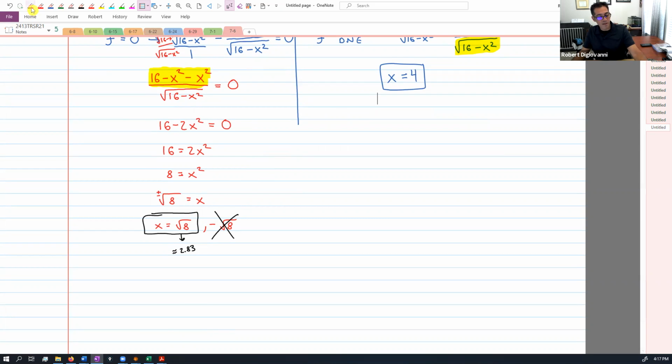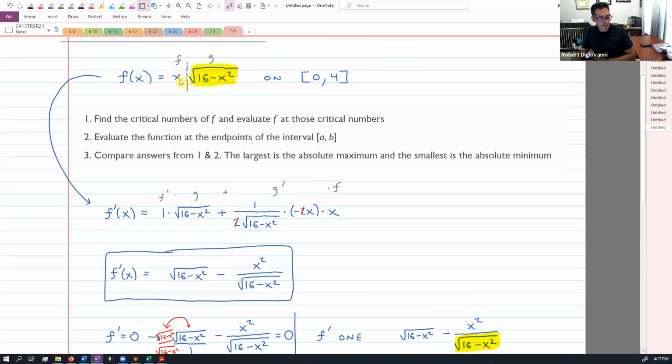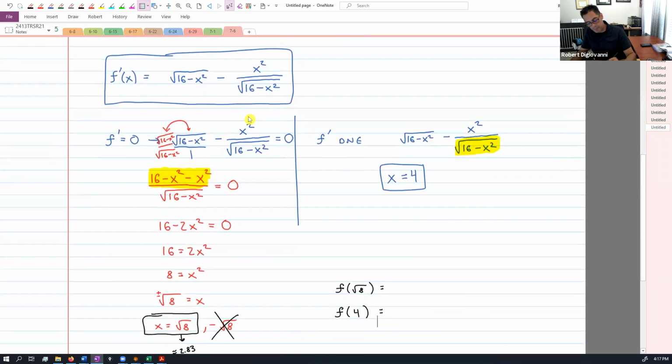So what I'm going to do now is take the original function and evaluate it at those two critical numbers. I'm still in step 1. I replace my x's with the square root of 8.